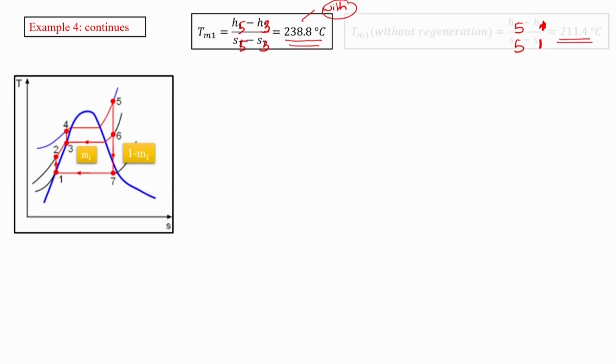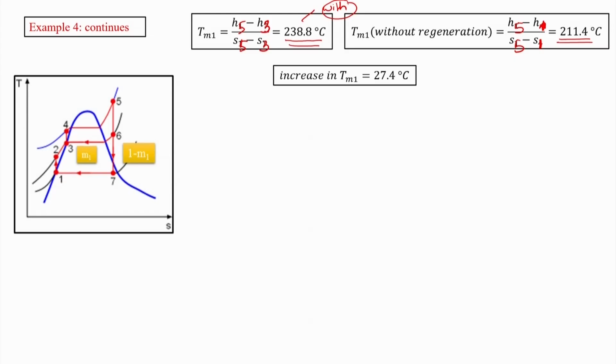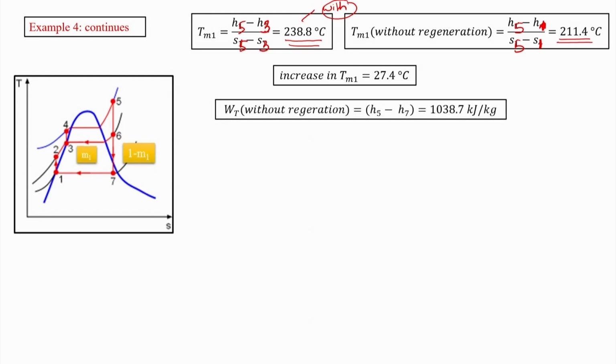without regeneration. So this is giving us that the mean temperature of heat addition has increased by 27.4 degrees Celsius due to regeneration. So turbine work without regeneration, where 1 kg of steam has completely expanded from state 5 to state 7, is 1038.7.